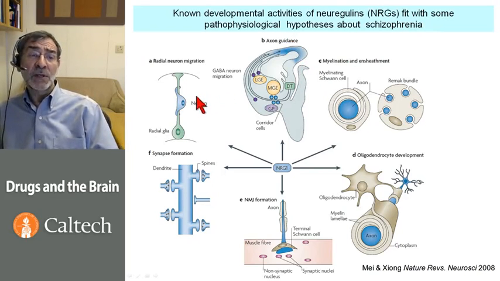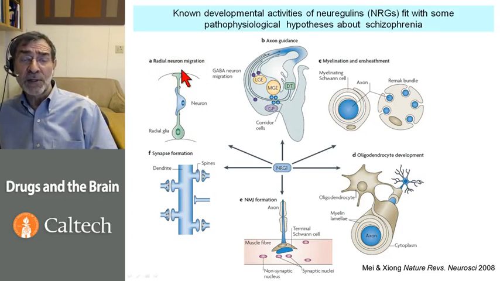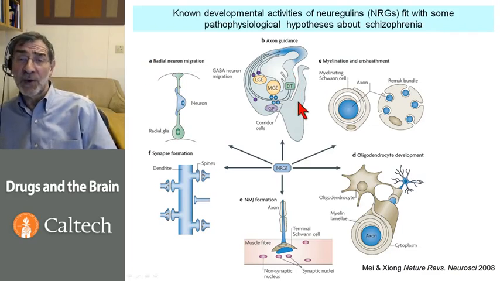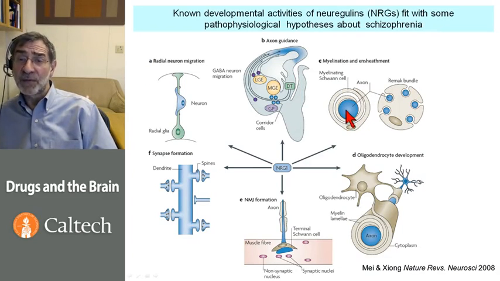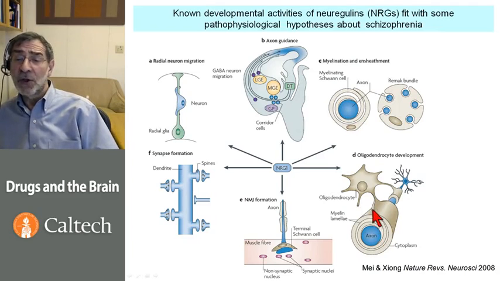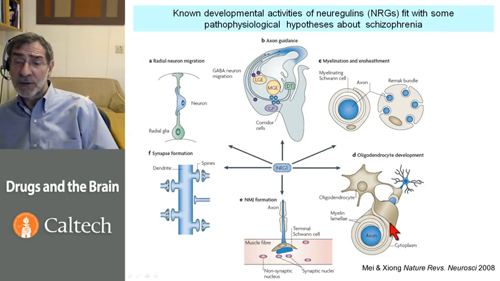So neuregulins are important controls of the migration of neurons early on in life, of axon guidance when axons do or do not get to their proper destination, of myelination of neurons, following up the theme of glia, the oligodendrocytes, which are going to be ensheathing the axons, have some developmental anomalies if neuregulins are not there.